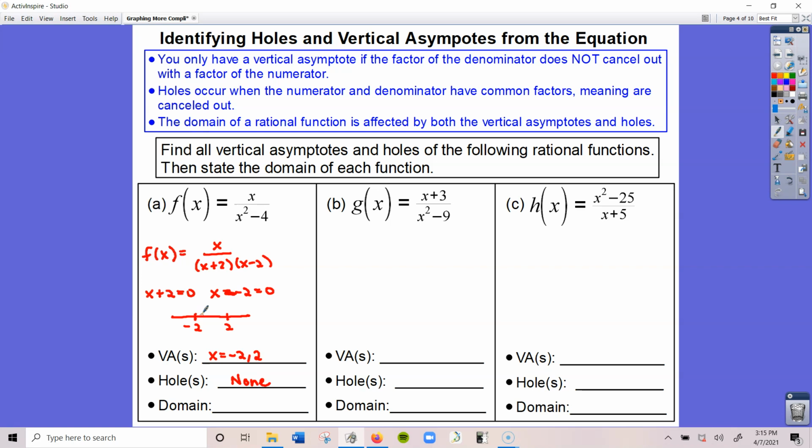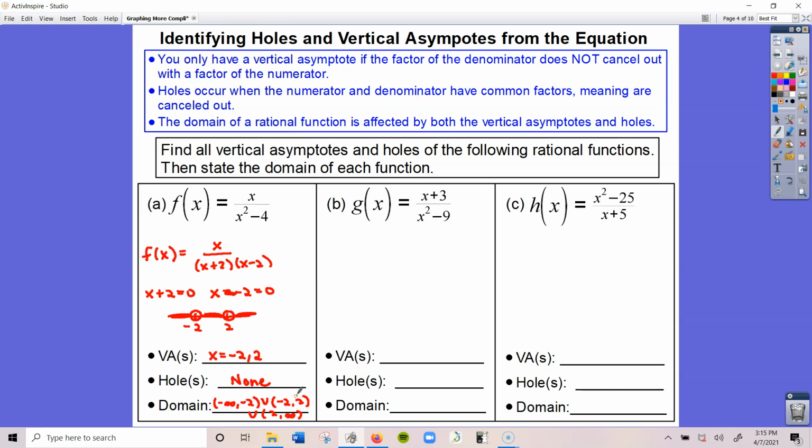My domain is going to be all of my numbers except for these two. So it's everything here on the left, in between, and on the right. So my domain is going to be from negative infinity to negative 2, union negative 2 to 2, union 2 to infinity.